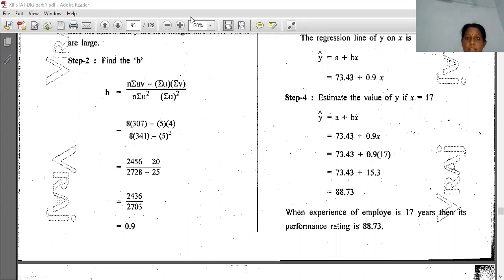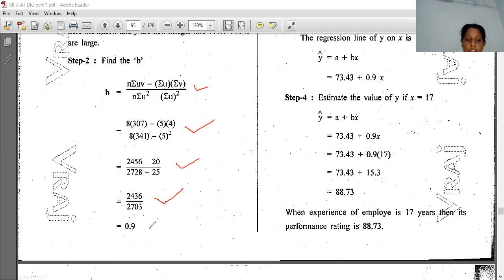You have to write this formula. It is compulsory to write the formula. Substitution of values is also required, so you are writing that, and show this step also. After writing the formula, 4 steps, 3 steps, after 3 steps your answer is coming. So these 3 steps are the minimum that you have to include.